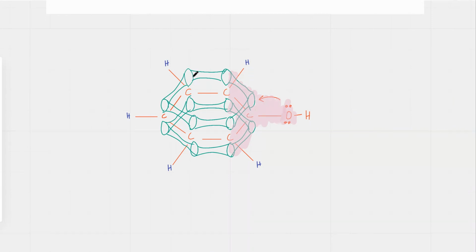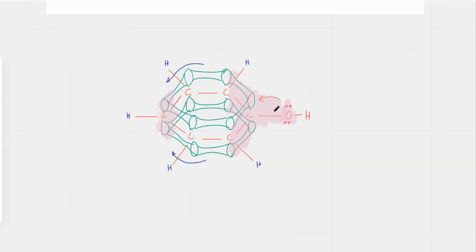And what happens to the other electrons is, because one side is now more negatively charged, all the other electrons get repelled to the other end. Because there's more negative charge on this side, they get pushed to the other side, which is why the negative charge on this carbon atom also increases.